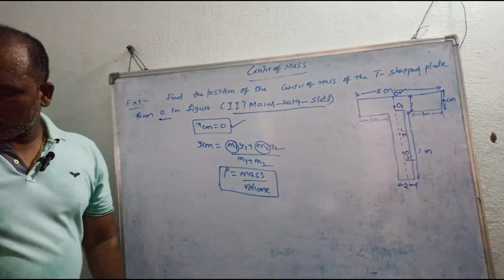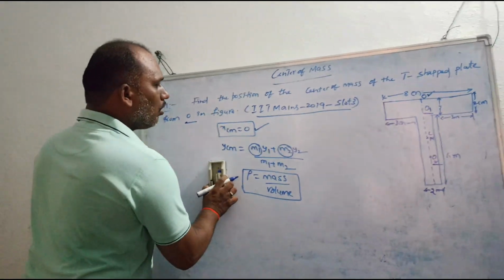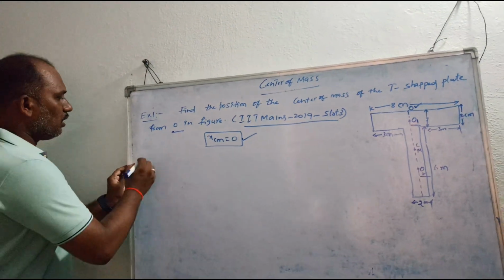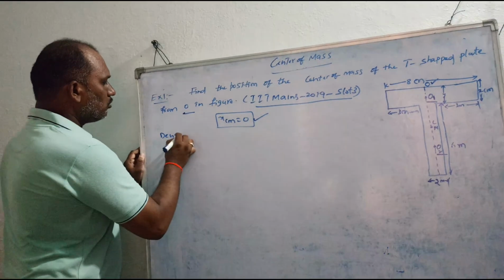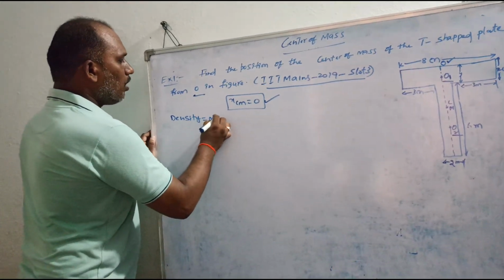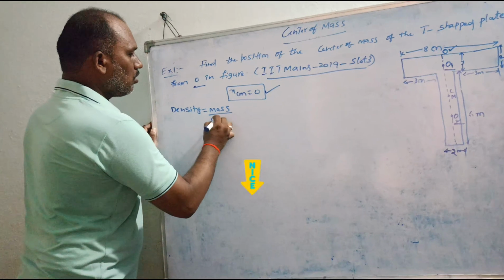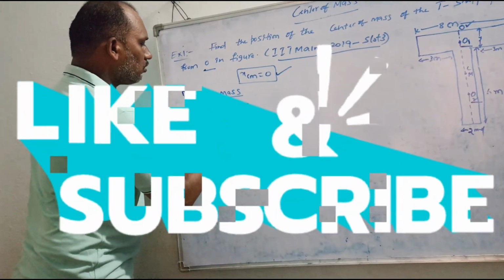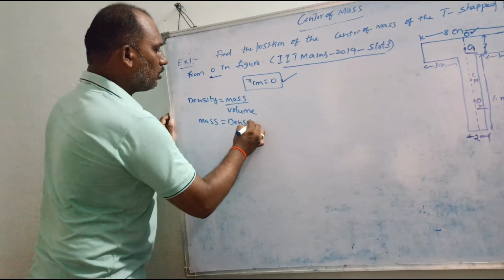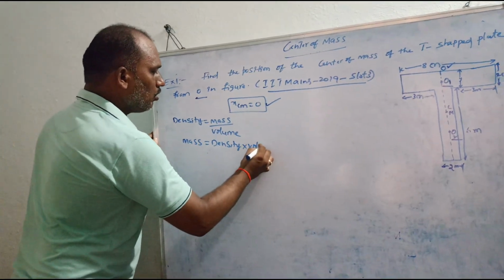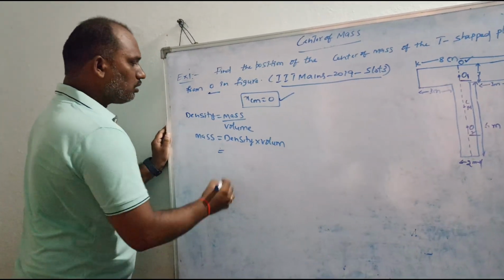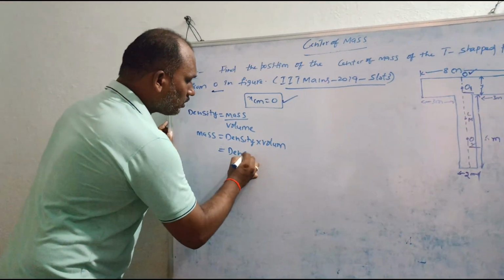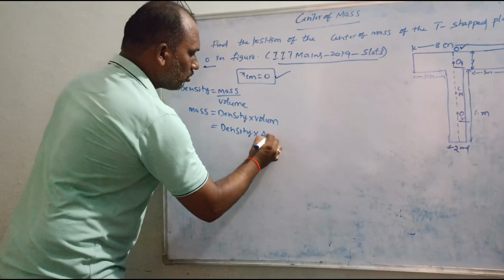So how to find the mass values? Density is equal to mass by volume. From this, mass is equal to density into volume. Since this is a two-dimensional diagram, we get density into area.